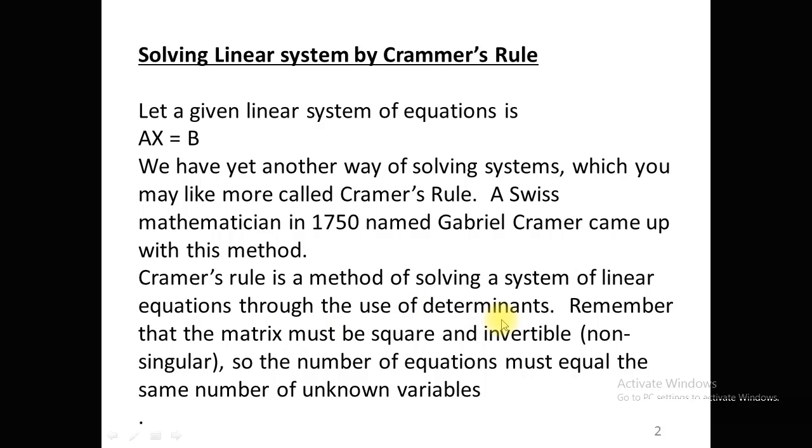So in this lecture today we will again repeat the procedure of the determinant, simply for the 2 by 2 matrix and 3 by 3 matrix. Remember that the matrix must be square and invertible. Invertible means the matrix is non-singular.